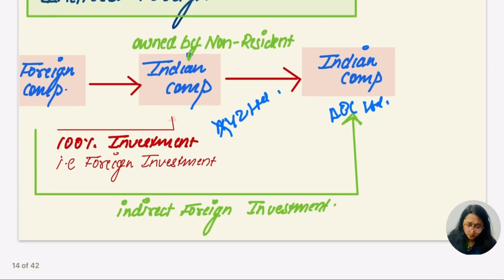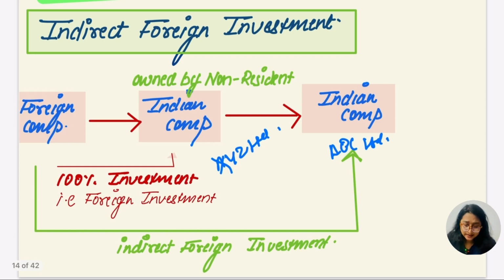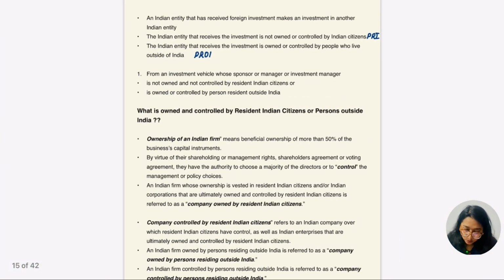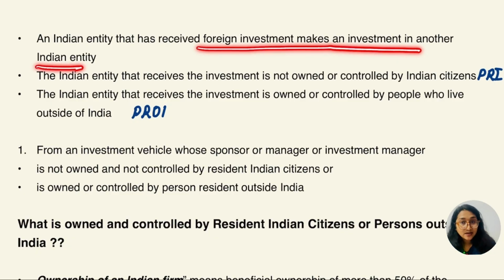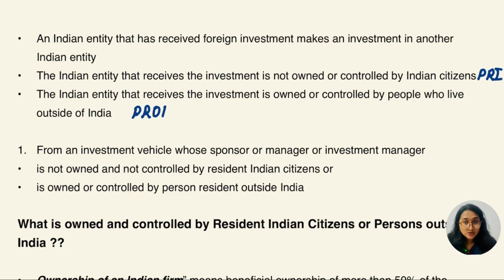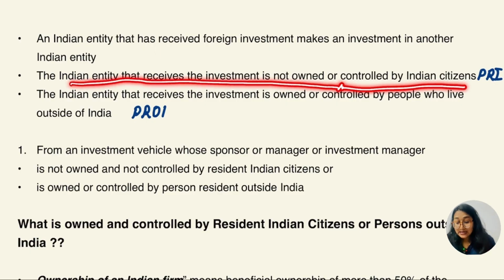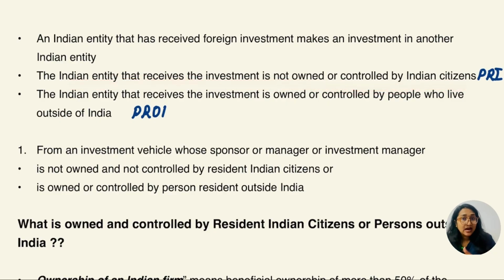So hope this part is clear. Let's get into what is written here. An Indian entity that has received foreign investment makes an investment in another Indian entity. This was also similar to downstream, right? The Indian entity that received the investment is not owned and controlled by Indian citizens, which is PRI, person resident in India.